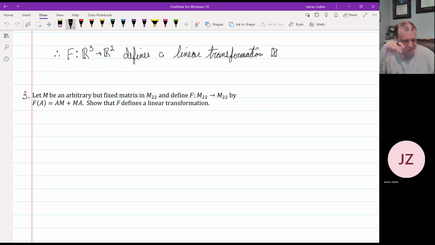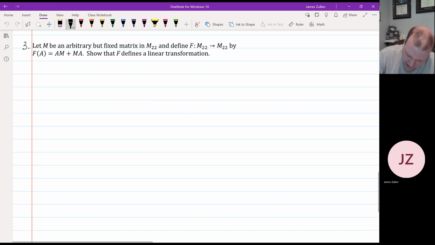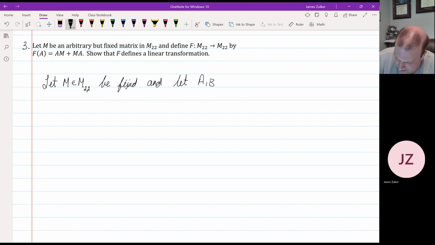So what we do is we say let M in M22 be fixed, and now we need two matrices in M22 and a scalar K.